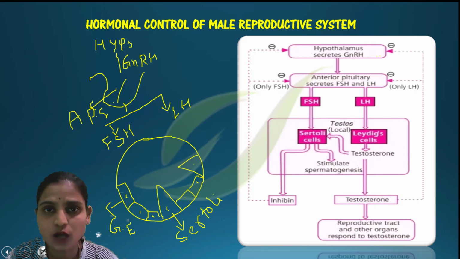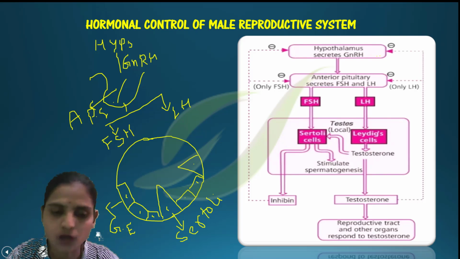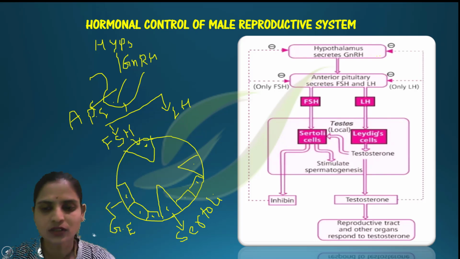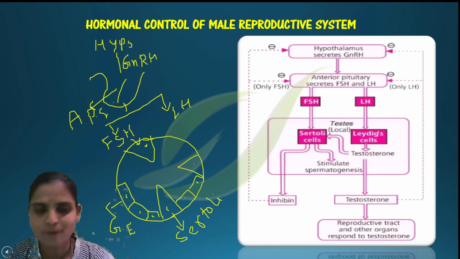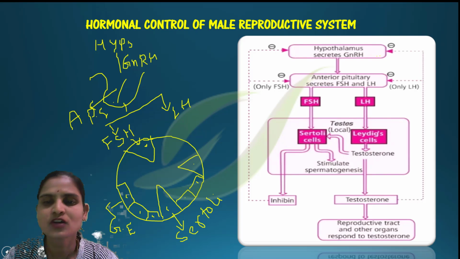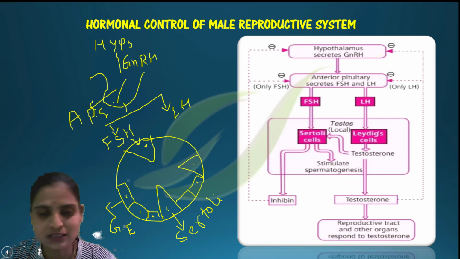Now, FSH hormone, follicle stimulating hormone, will act on the Sertoli cells so that it helps in spermatogenesis.